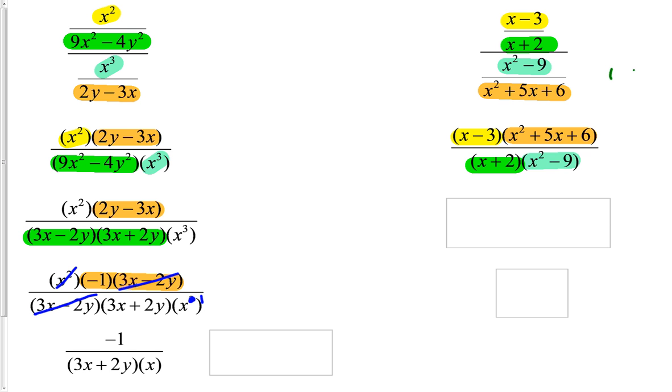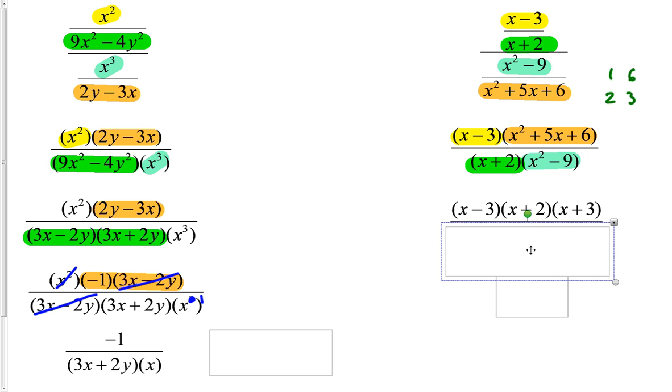So 1 times 6, not going to work. 2 times 3, it's going to multiply to 6 and add to positive 5, so that's exactly what I want. So I'm going to have an x plus 2 and an x plus 3 in my numerator, along with the original x minus 3 I started with. I'll highlight that to make sure you know where that came from.